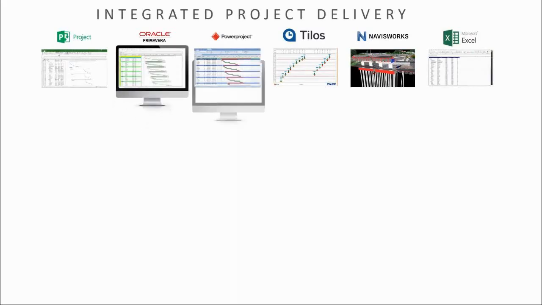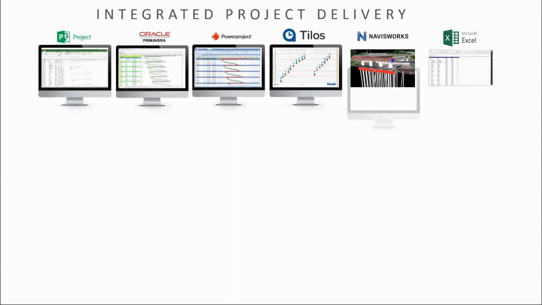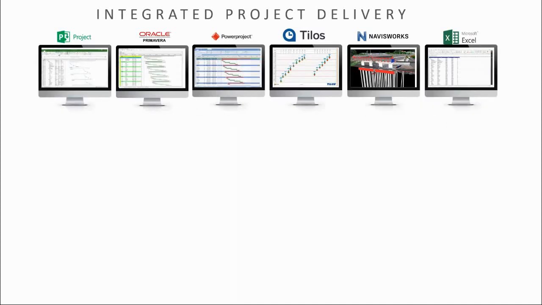You can follow me on LinkedIn. Today we would like to put here the most common methods for project scheduling: Microsoft Project, Primavera, Power Project, Telos, and Navisworks. Navisworks is not scheduling software, but has the possibility of scheduling and integrating with 3D and BIM, like Power Project, which also delivers 4D capabilities.